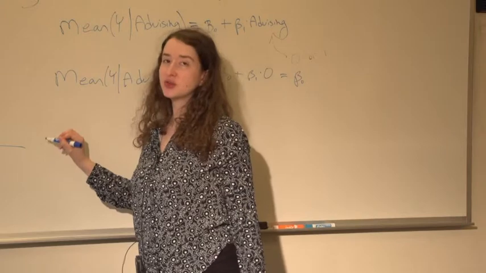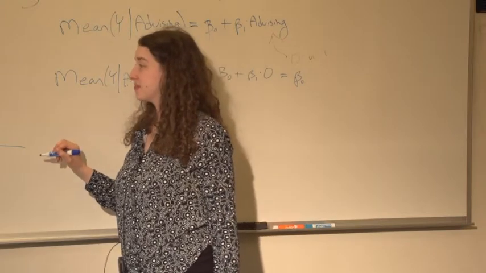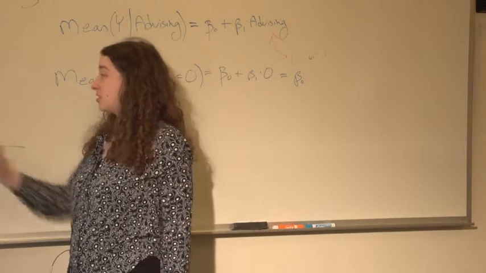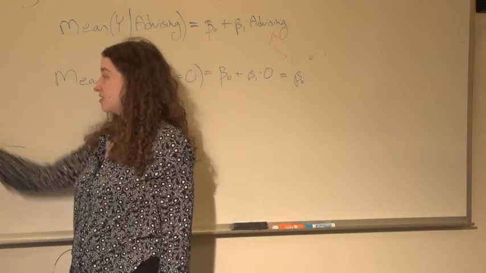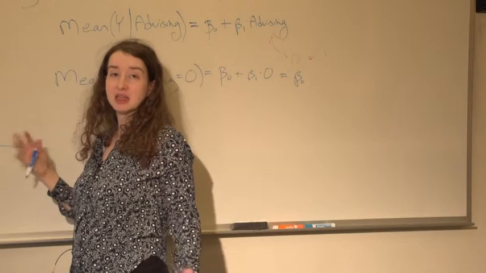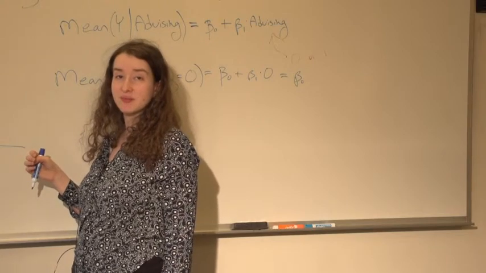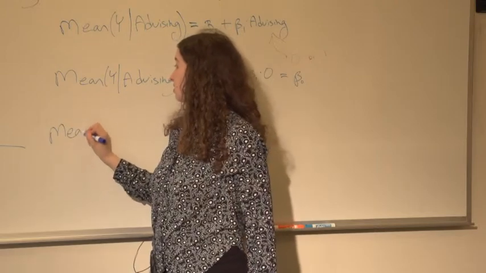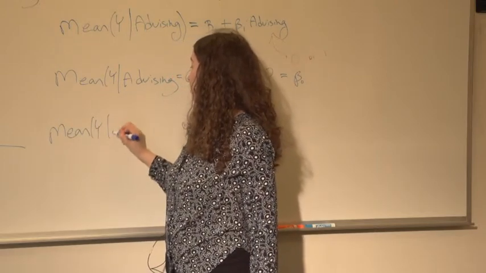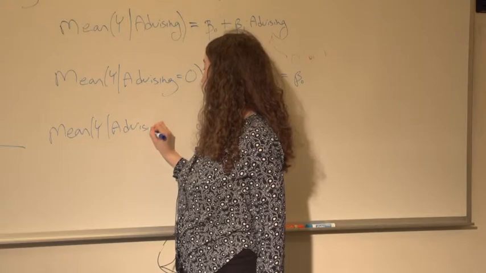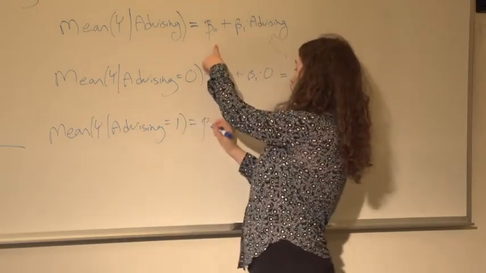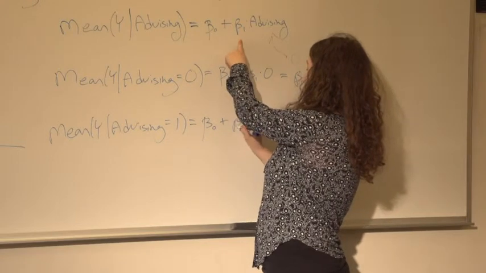If we have another student who did receive advising, and you want to predict her GPA, wouldn't you just look at all the GPAs of the people who got advising and maybe take the mean of those GPAs as your prediction? Again, this model is doing the same thing. If I take the mean of Y, given that the advising variable is equal to 1, I'm going to get beta 0 plus beta 1 times 1.